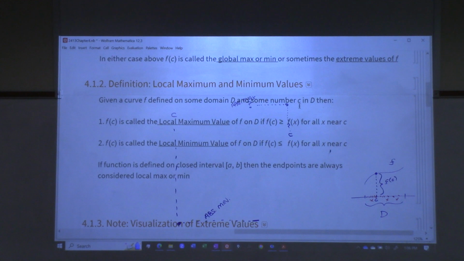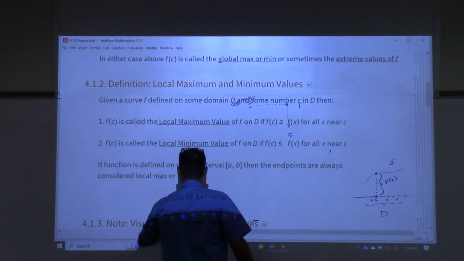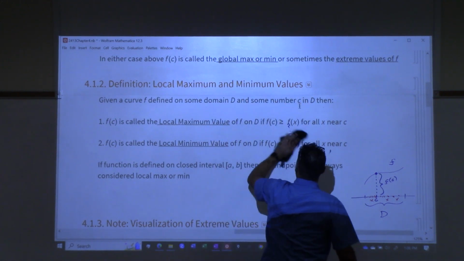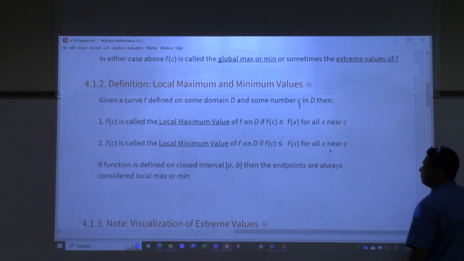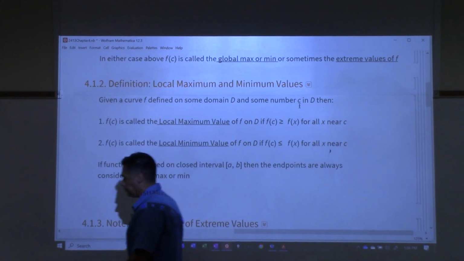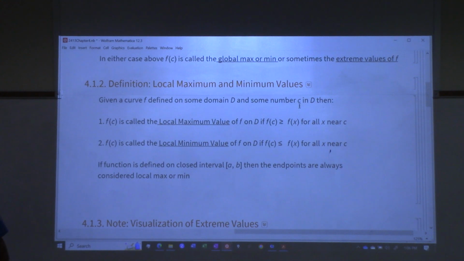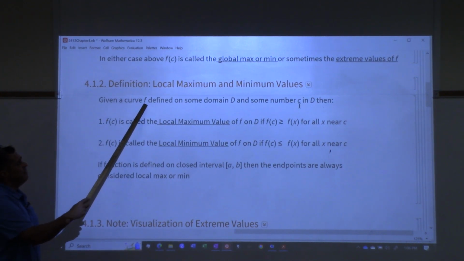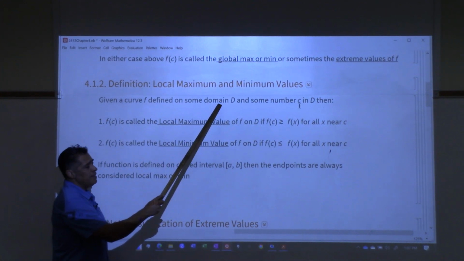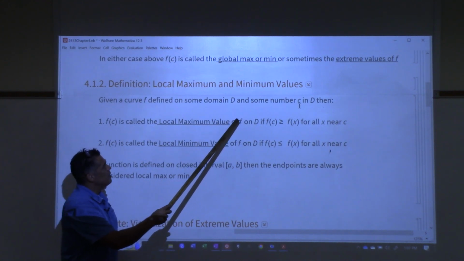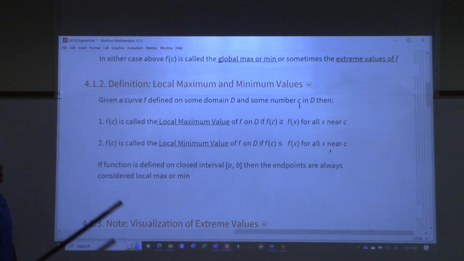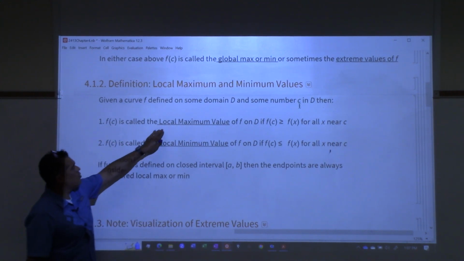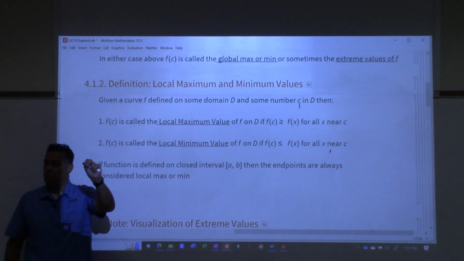And this is a weird definition because it almost looks exactly like the definition I just gave you. So this says, we're given a curve F. It's defined on some domain D, and then there's some number C inside that domain. Everything there is exactly the same. Now, F of C is called a local maximum value, not an absolute maximum value.